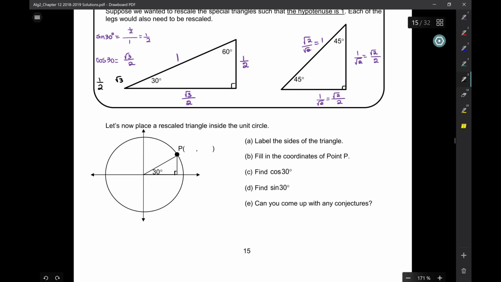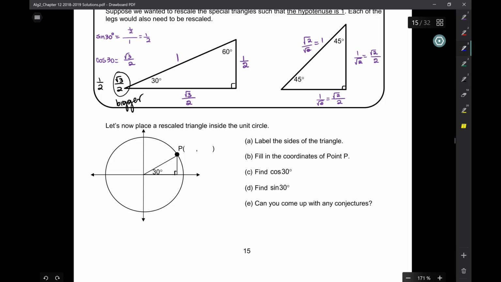One is √3/2. Of those 2, which one is the bigger number? 1/2 or √3/2? Root 3 over 2 is bigger. How do I know that? 1 divided by 2 and then root 3 divided by 2. Root 3 is bigger, so that's the bigger number. Okay? So this is bigger.